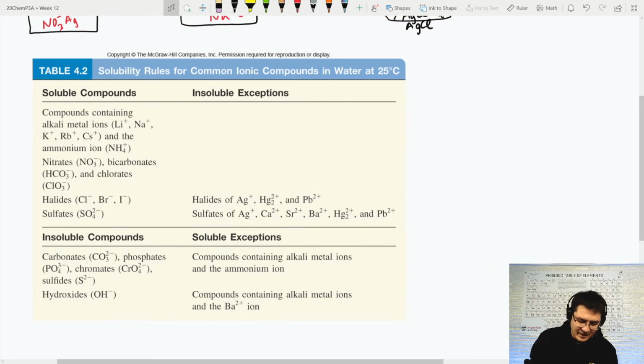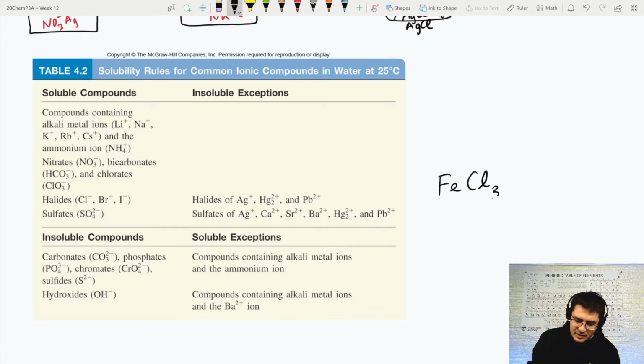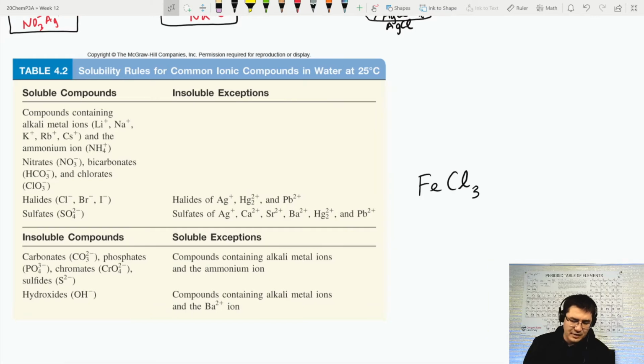So in this case, like say we had a chloride, let's give it iron chloride, FeCl3. That's iron 3 chloride. Well, that would be soluble. But if I had, say, PbCl2, that's lead 2 chloride, this would be insoluble.